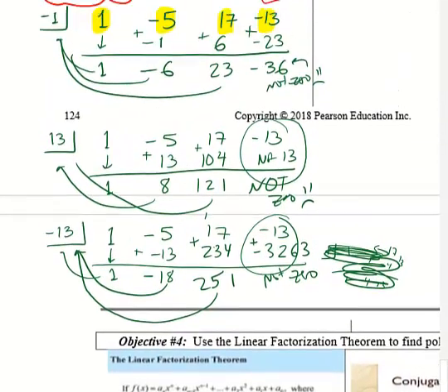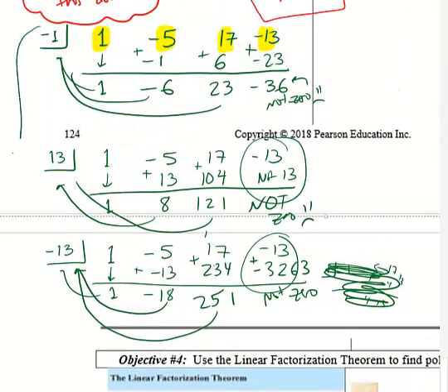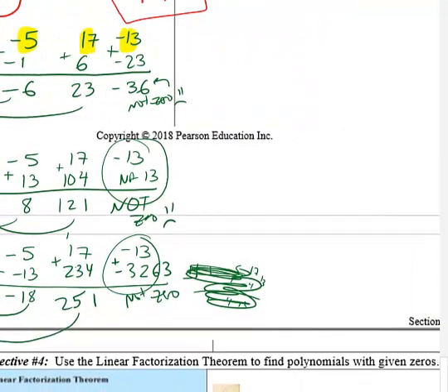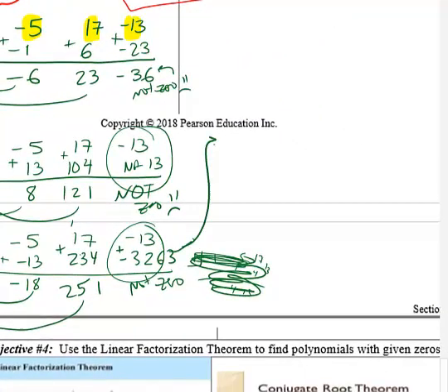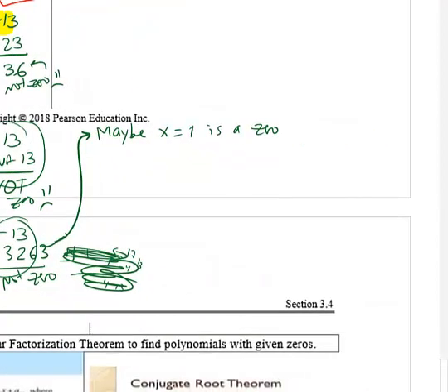I'm kind of glad this happened, because notice I've tried the other three numbers that resulted from the rational zeros theorem. So I've run out, and now what do I do? The answer is, it could be that x equals 1 is a 0 again.